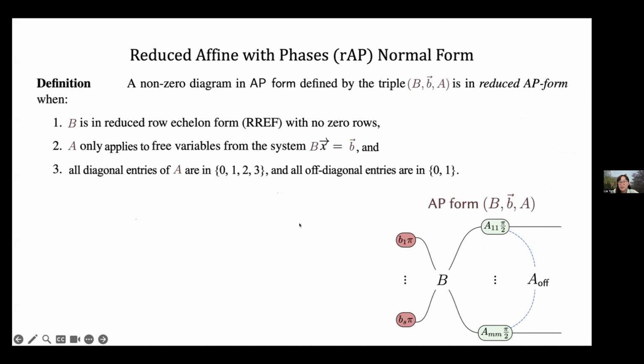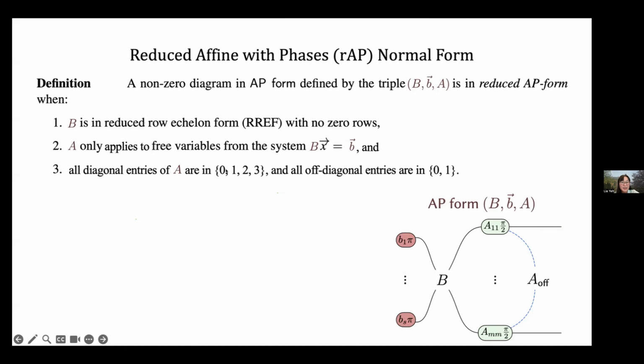So going through what it looks like for reduced affine with phases normal form. This is defined by, I've rewritten this definition just to align better with the variable names we used in this talk, but they should get the form. So it's this triple here.